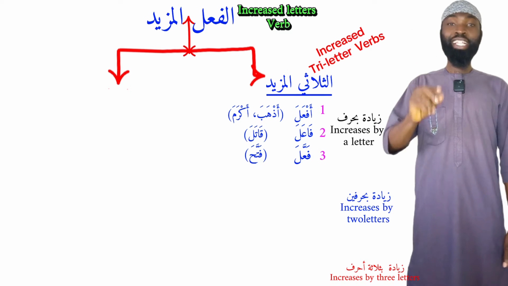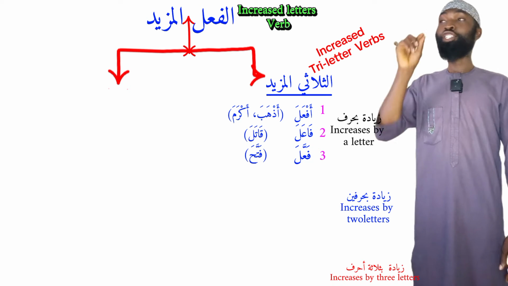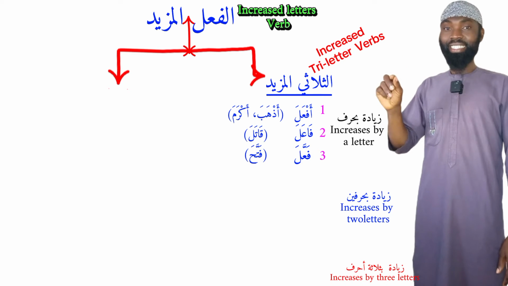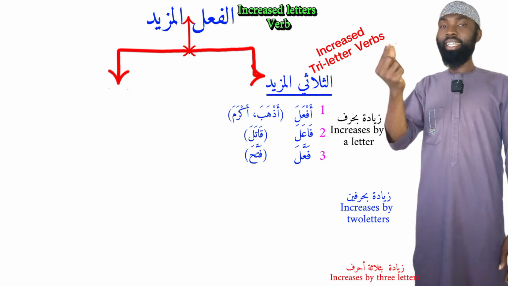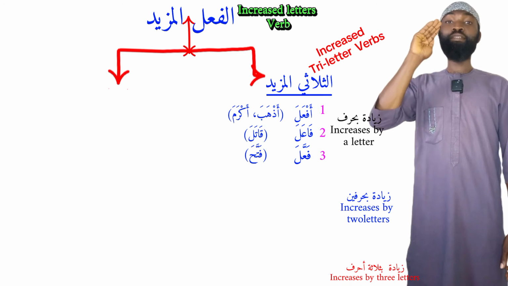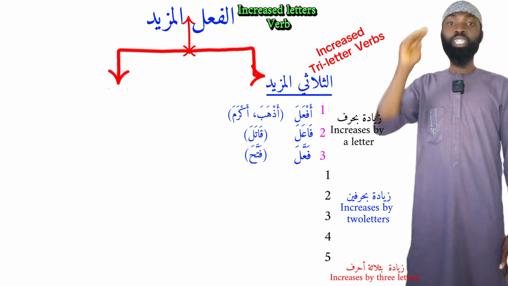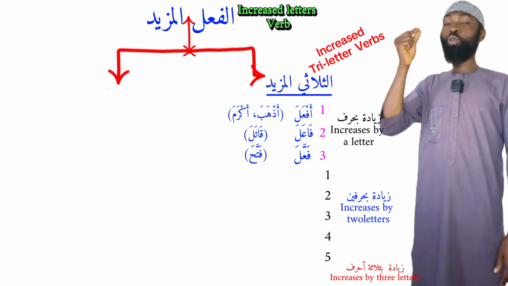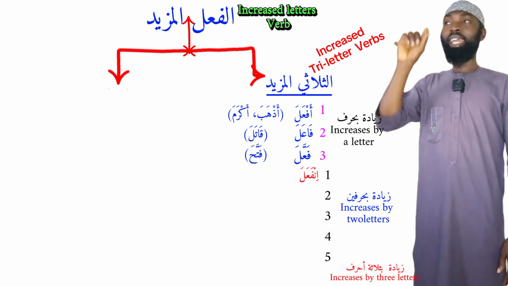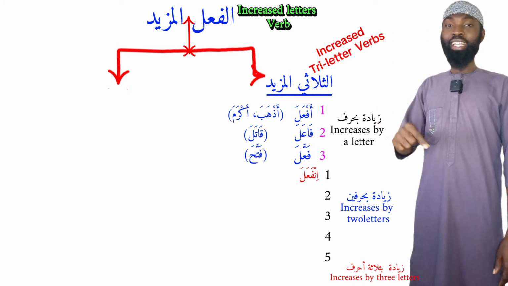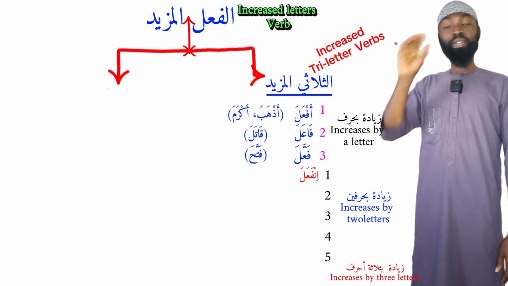Moving on to when two letters have been added to the three letters. When two letters are added to the three root letters, these come in five awzan, five scales. The first scale will come in the wazn of infa'ala. This is where alif and nun have been added to the three-letter root verb.